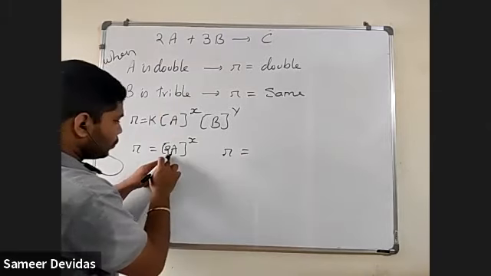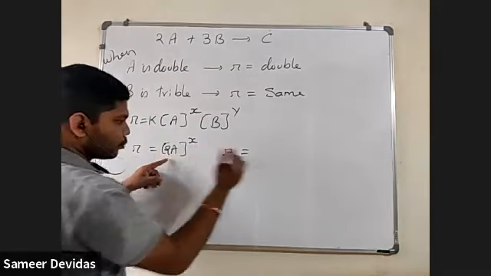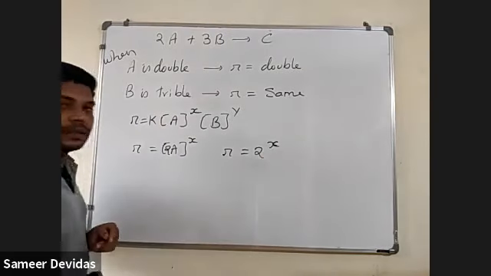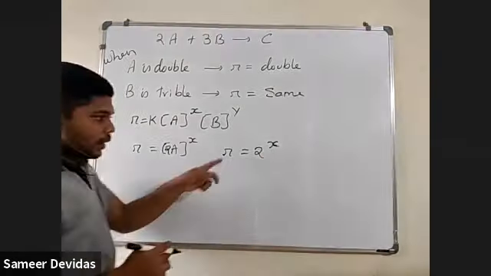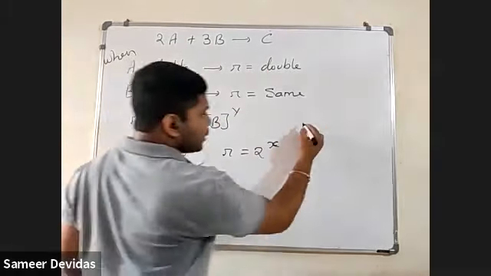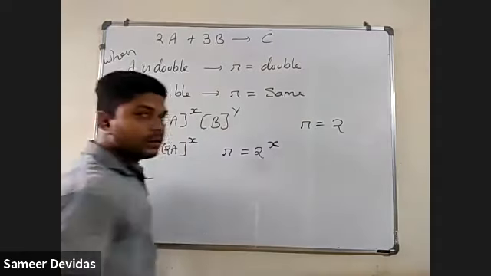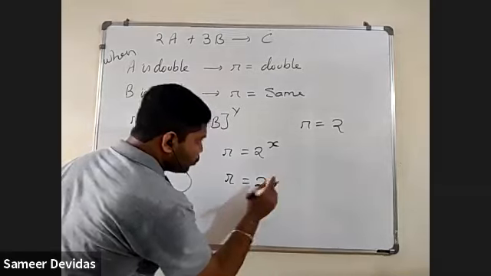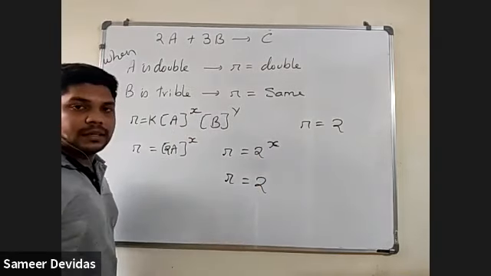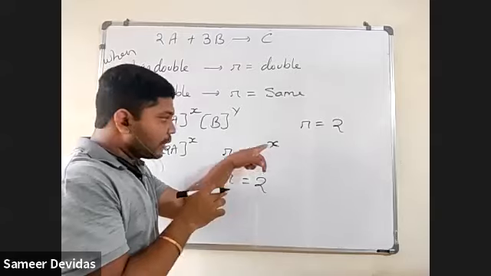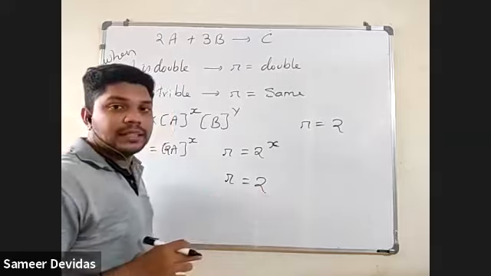R is equal to 2A raised to X, so 2 raised to X. Now, R is doubled, which means R is equal to 2. In this equation, to get R equal to 2, what should X be? What value should we put on X so that this 2 remains as it is? 1.